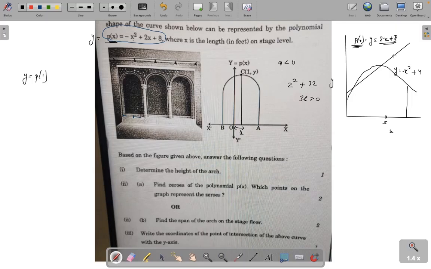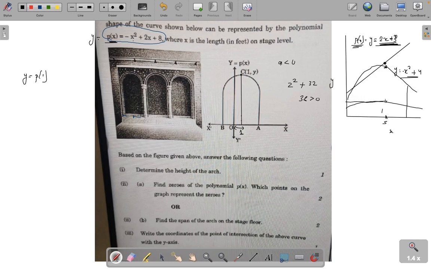For example, here, if you substitute 5 in this equation, you'll get this value of y. If you substitute 5 in this particular equation, you'll get this value. If you have any other graph like this, and you substitute 5 in that graph's equation, you'll get this value.